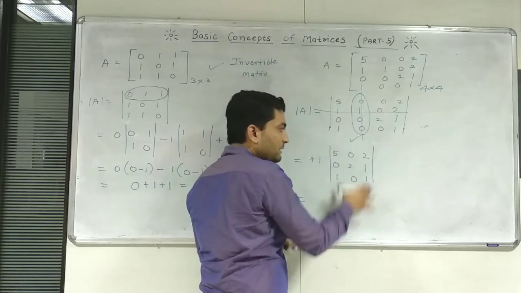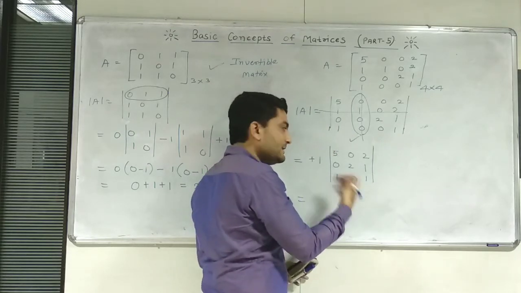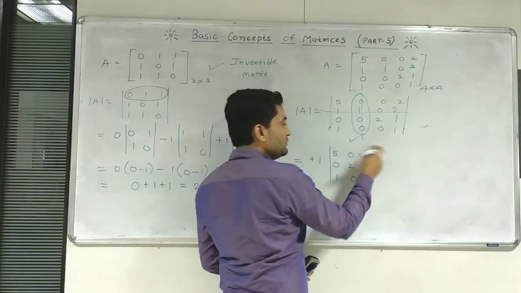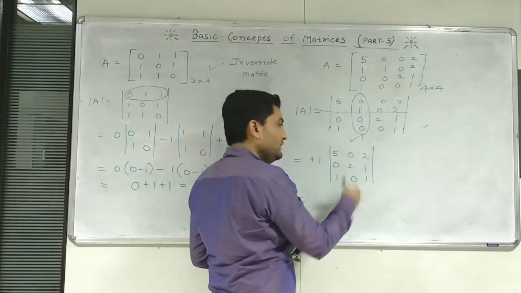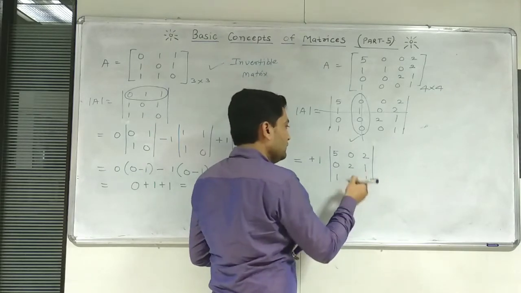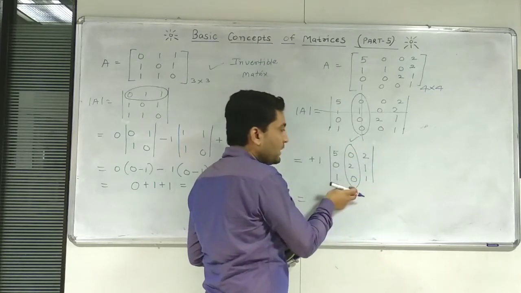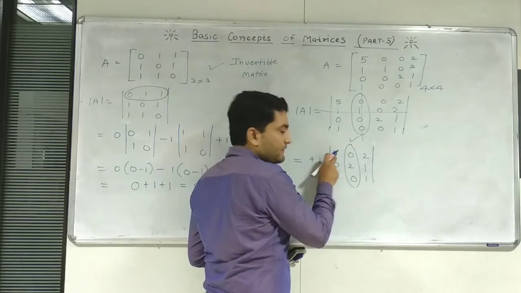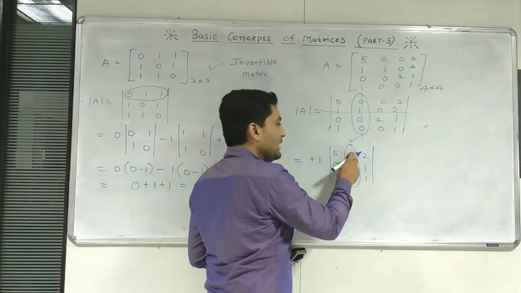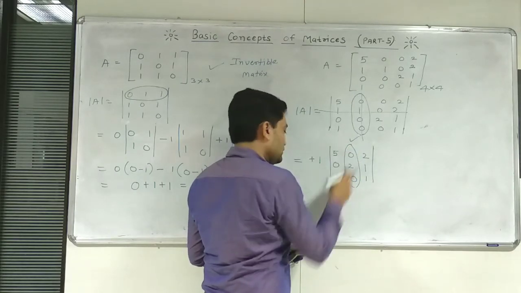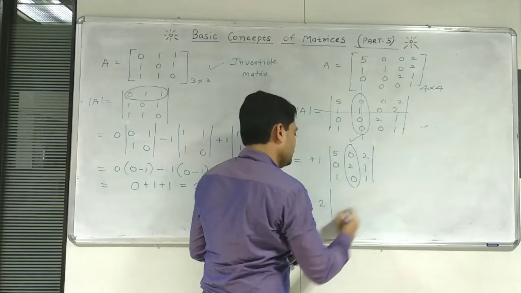Now we have to find the determinant of the 3 cross 3 matrix. Again same procedure, choose any row or any column which has the maximum zeros, so we can choose the second column which has 2 zeros. So the first entry is positive, the second entry is negative, so it will be positive, so plus 2.